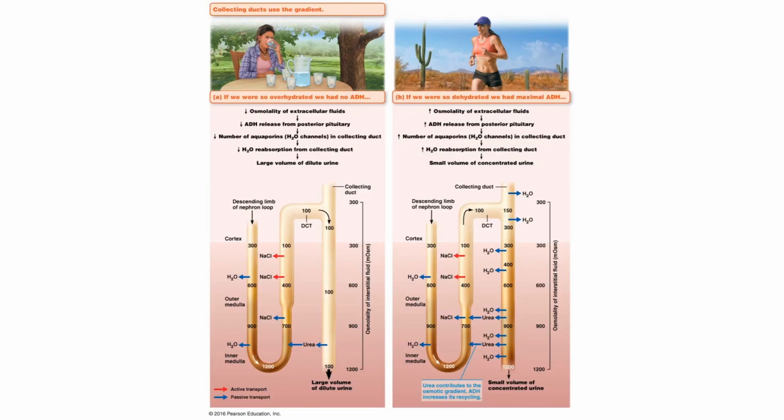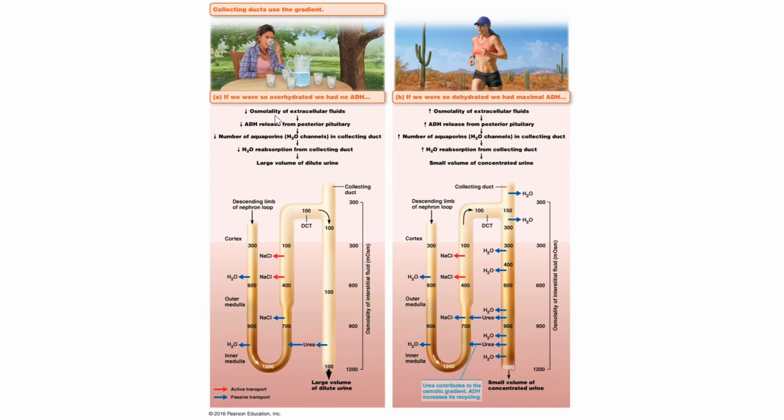Let's take a closer look at how. This first situation is where you've been drinking a whole bunch of water, so you're overhydrated. If you drink a bunch of water, your fluid is going to have a decreased osmolality. You have more water, less concentration.